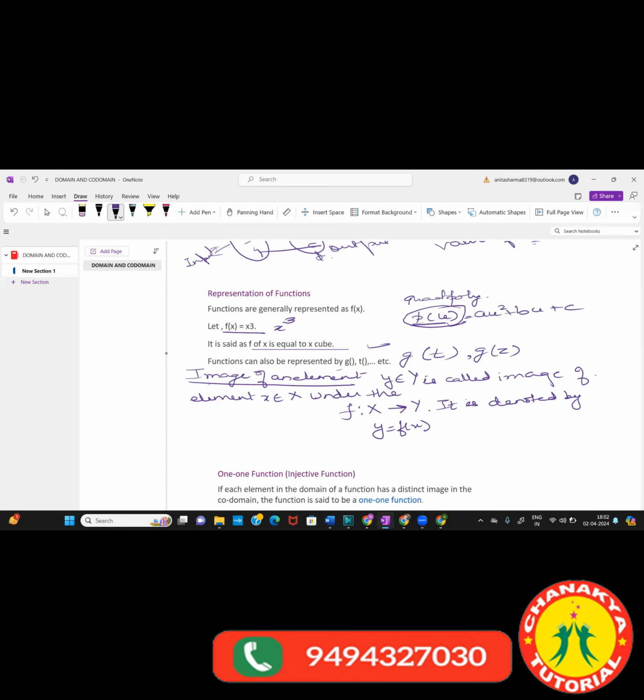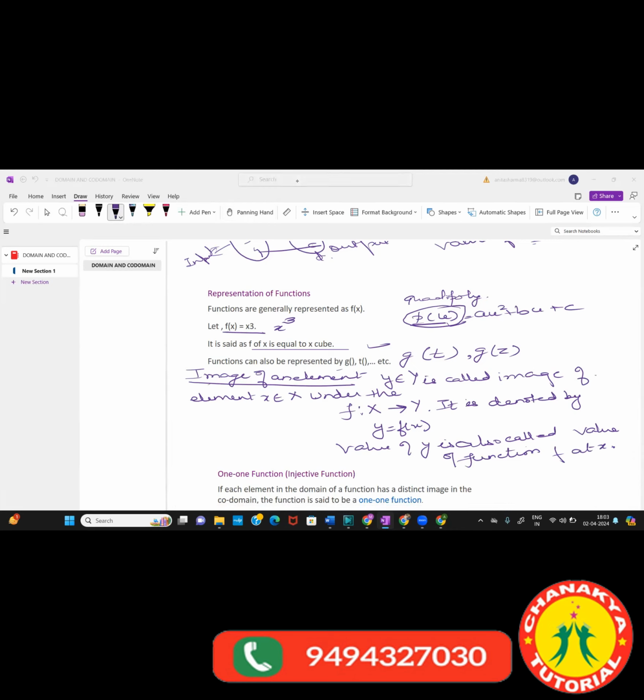And the element y is also called the value of the function f at x.